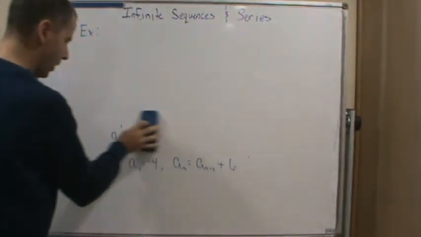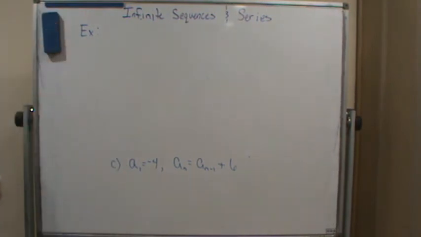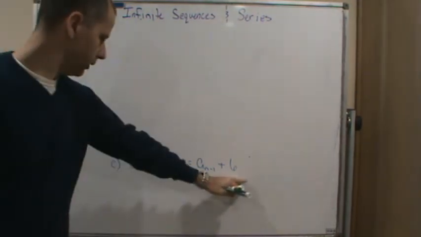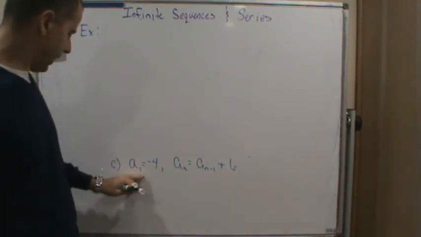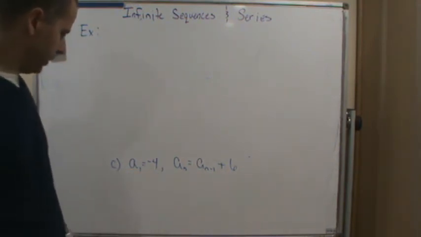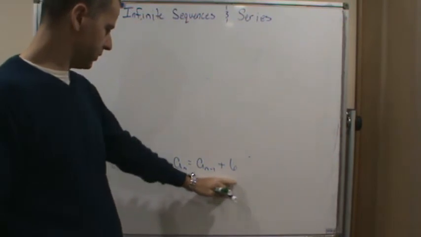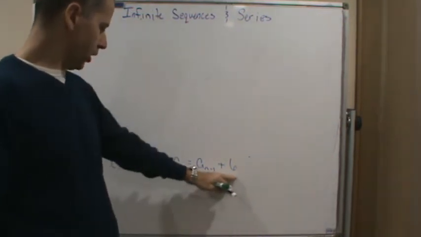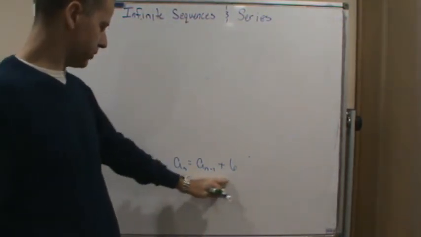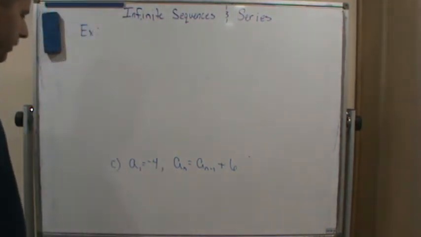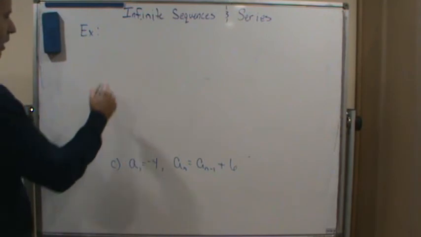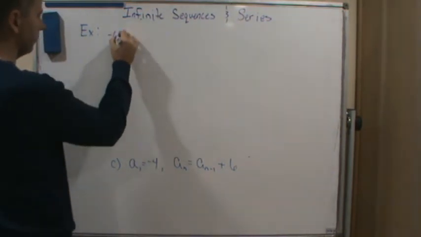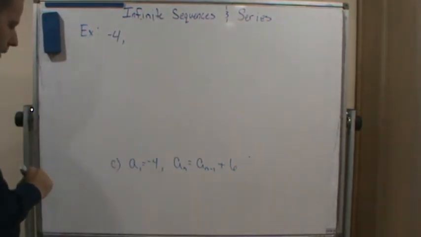So the last one has this recursive set. So it says A1 is negative 4, and then all the subsequent terms are defined by using this recursive formula here. And so again, let's write out the first few terms. So we start with negative 4, right?